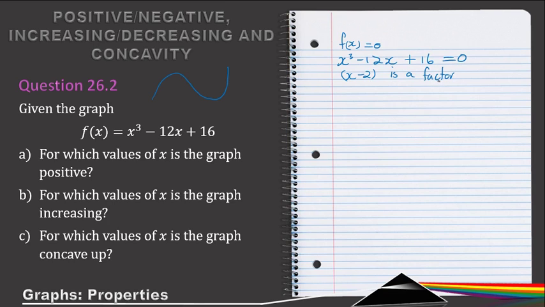So now I've got this going on again, my matrix method, and this is a special graph. This one is a good example because you can see we've got x to the power of 3, but then the second term, which is normally x to the power of 2, is not there. So don't make the mistake of putting in your factors here as 1, -12, 16.